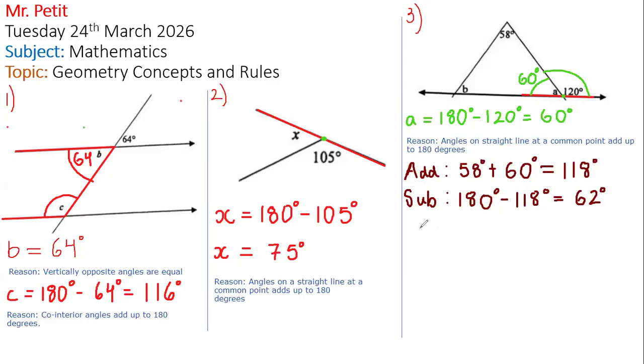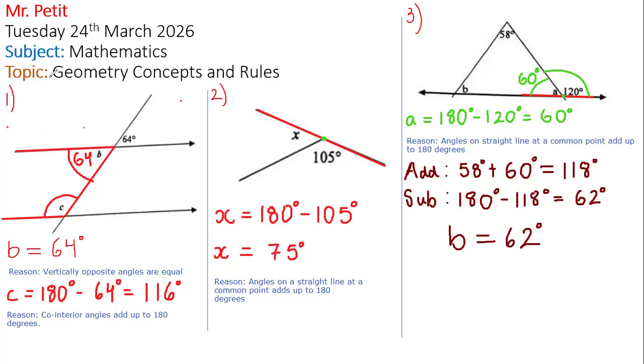That means that P is equal to 62 degrees. Brian, do you understand it now?